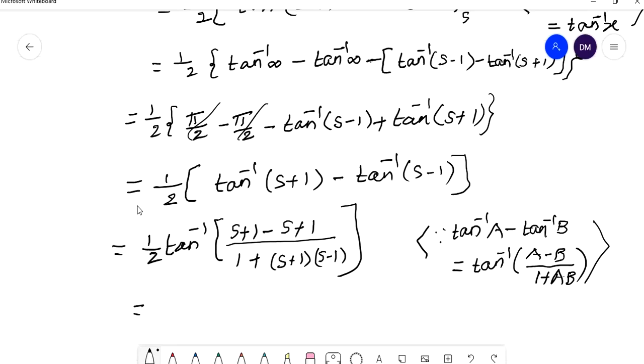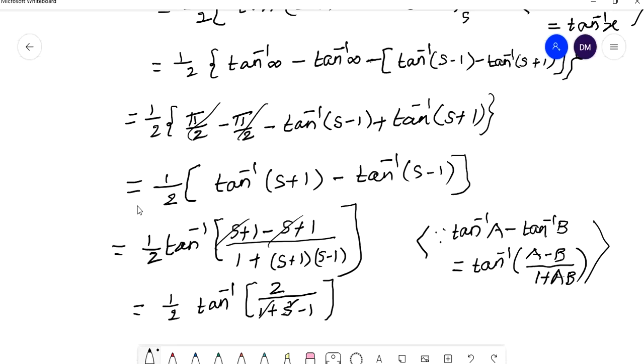So this is equal to 1 by 2 into tan inverse of, plus s minus s is cancelled, we get 2 in the numerator, right? Now 1 plus, this is in the form of a plus b into a minus b, this can be written as a square minus b square, which means s square minus 1.